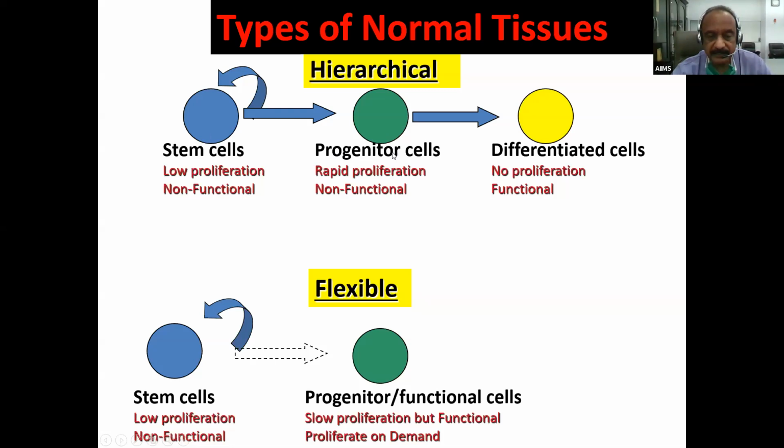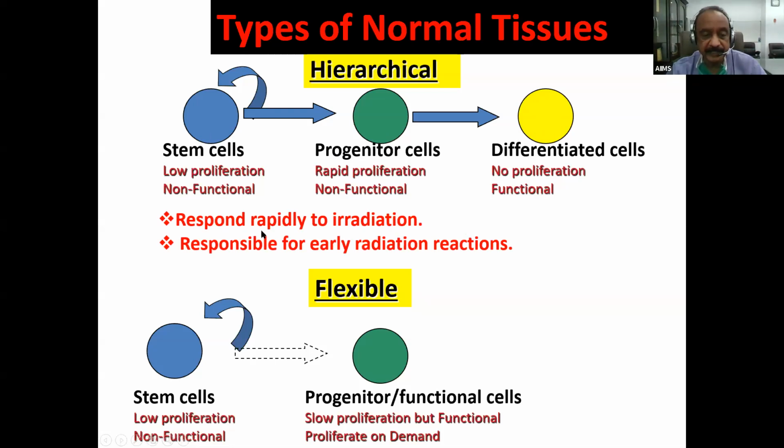Now, this progenitor cell has a high proliferative capability, but again, it is non-functional. This progenitor cell divides and gives rise to the functional cell, which is a differentiated cell. It has no proliferative capability, but it is a functional cell. And these types of tissue respond rapidly to radiation, and they are responsible for early radiation reaction.